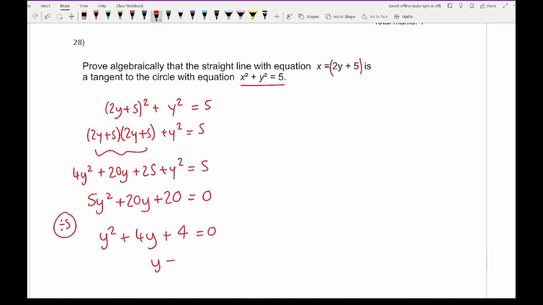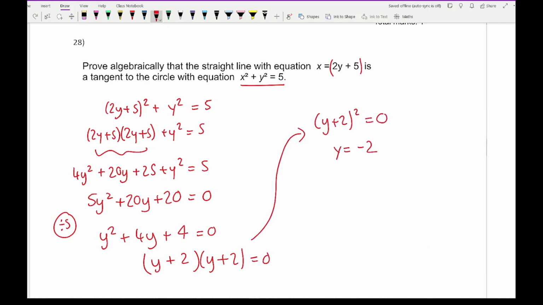So y plus 2, y plus 2 equals 0. And from this, I've got y plus 2 squared equals 0. So y equals minus 2 only. So when y equals minus 2, x is going to equal minus 10 plus 5, which is minus 5.